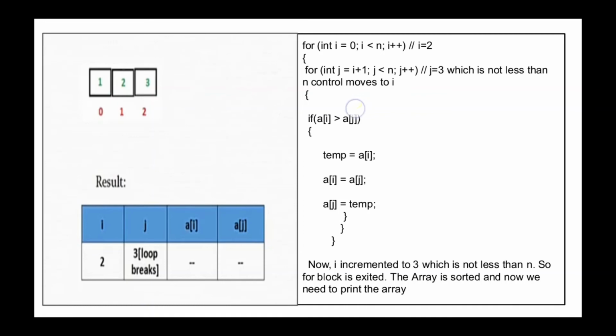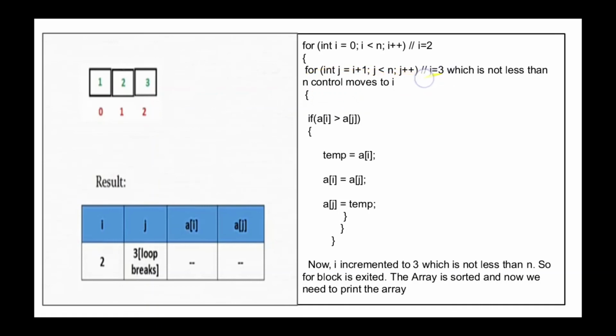Now see here, j is equal to i plus 1, the i value is 2 plus 1, so the j value is 3. Then check whether j is less than n or not. 3 is less than 3, so here the condition is false, which is not less than n, and control moves to i.